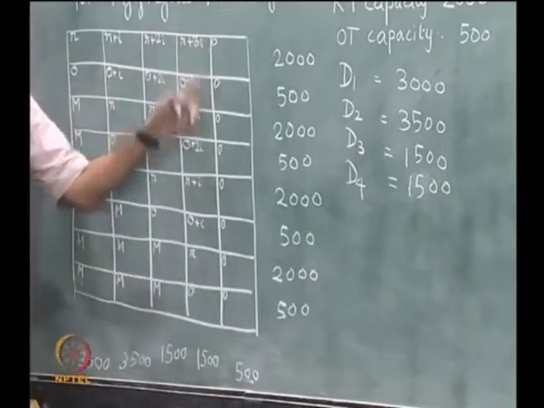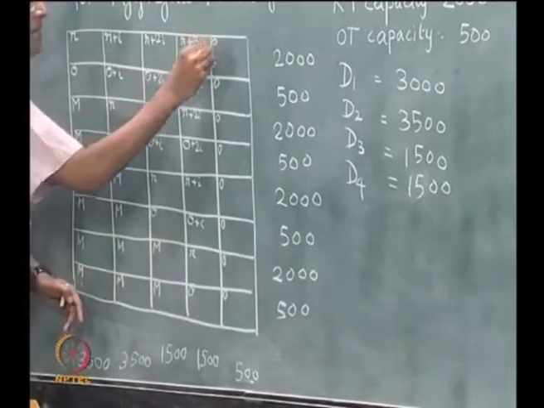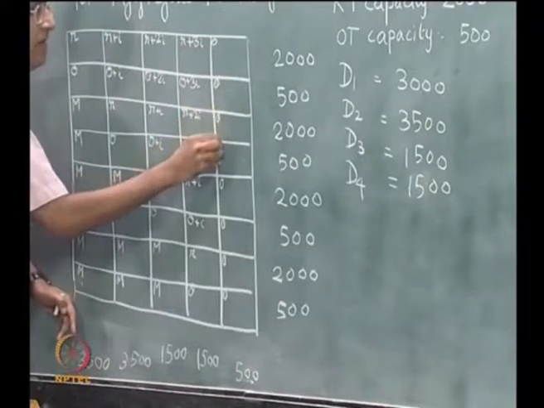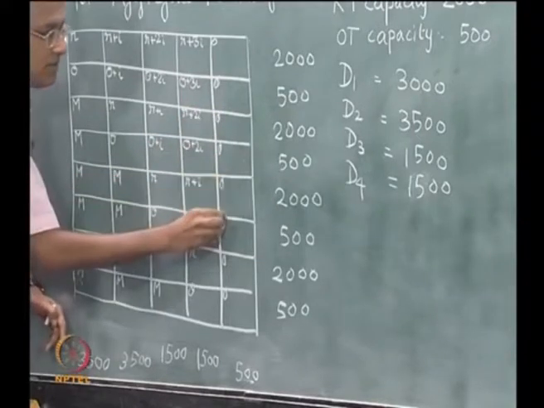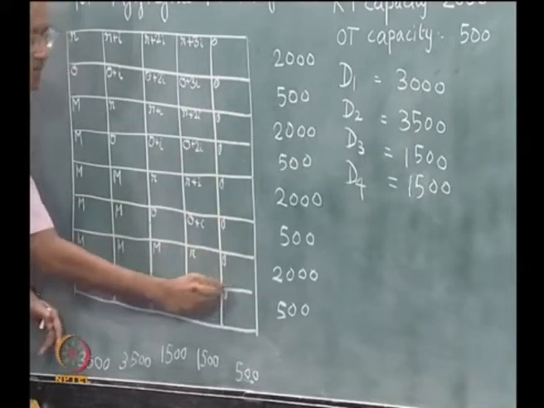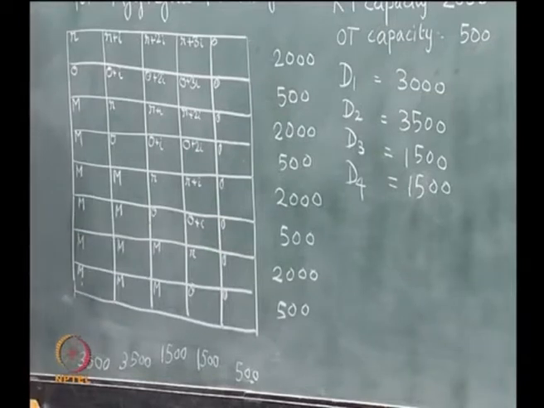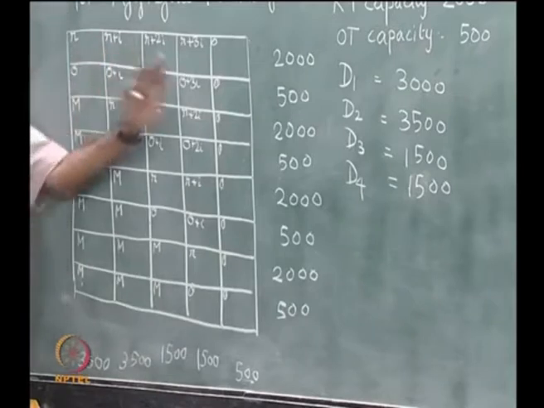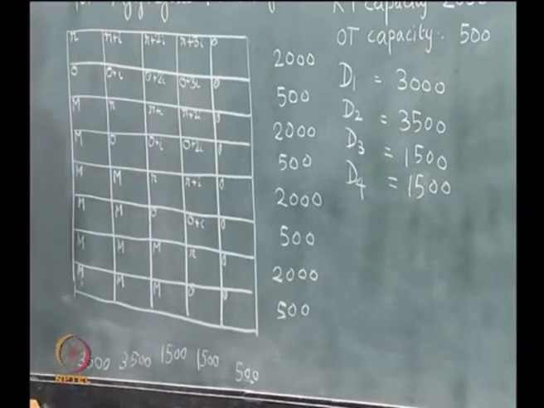So, just to distinguish that this is 0, I am going to add a phi, so that we know that this cost is 0 and this is not O. So, now we have completed the cost for this transportation problem, and we now need to solve this transportation problem.